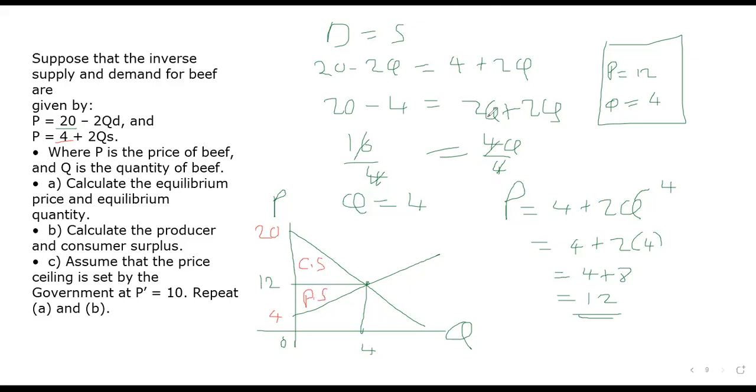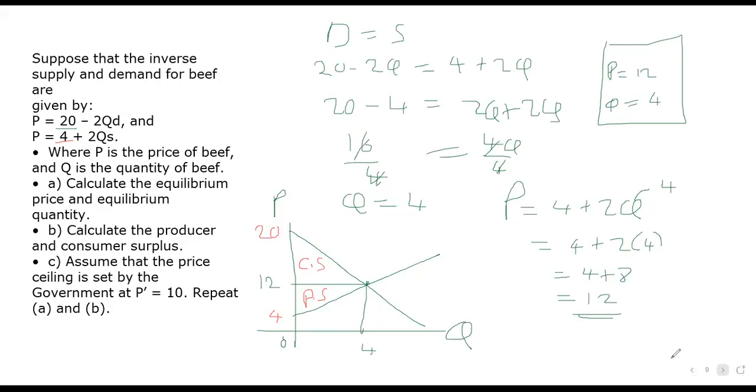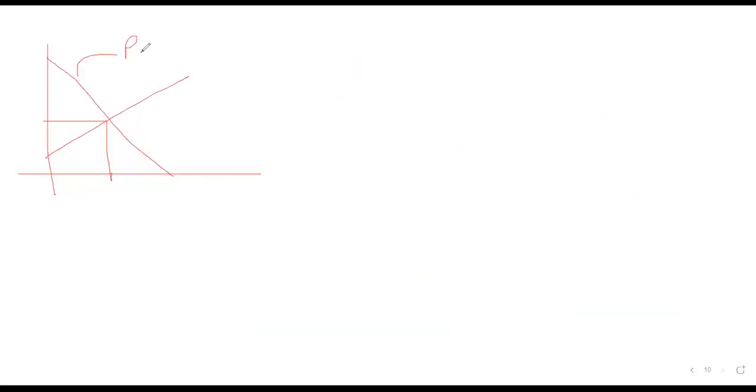Right. So tell me the dimensions of the consumer surplus. Our demand was given by P is equal to 20 minus 2Q.